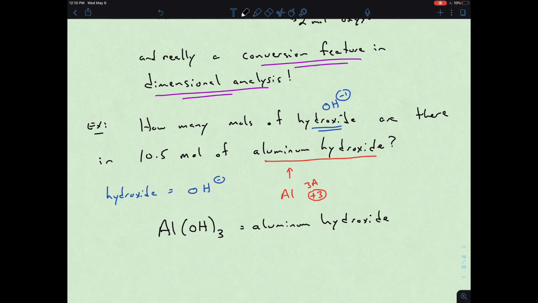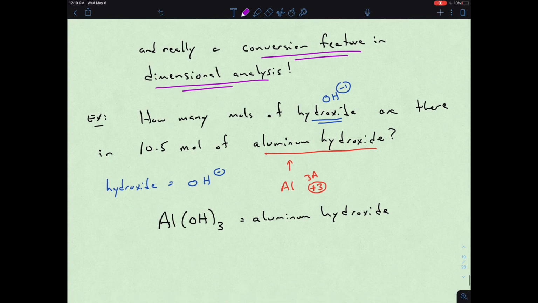If we look at where we want to go here, we're trying to figure out moles of hydroxide, right? And so that's the question mark.